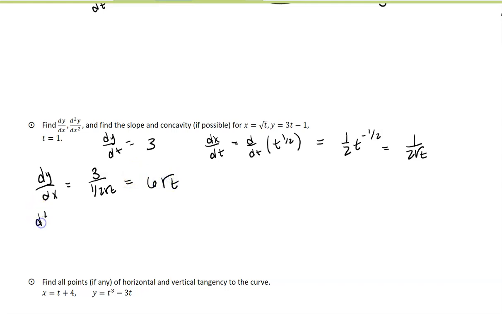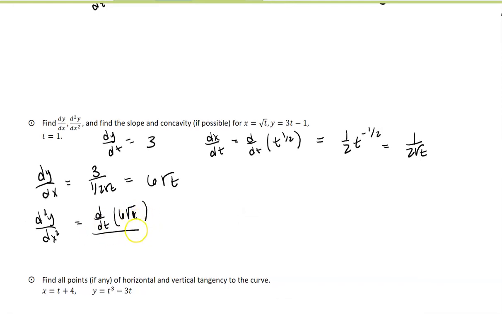The second derivative is going to be the derivative with respect to t of dy over dx, 6 square root of t, divided by the derivative of x with respect to t.